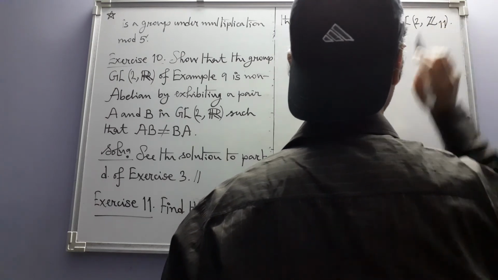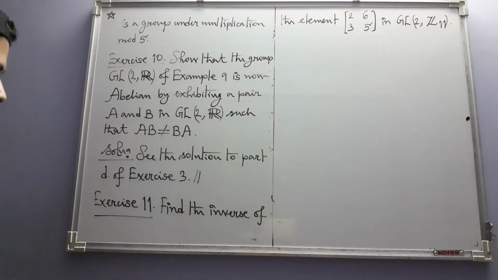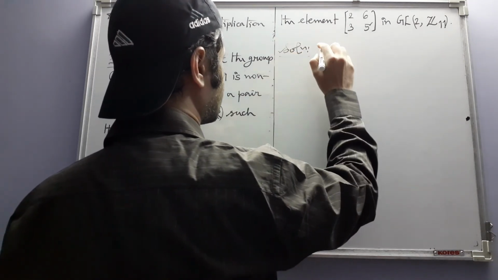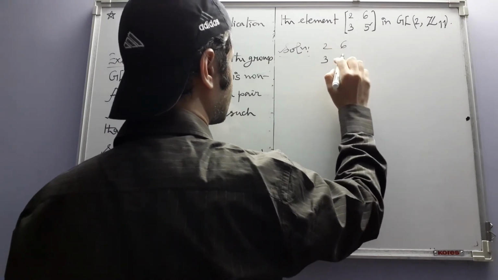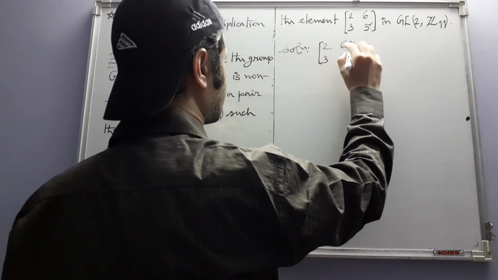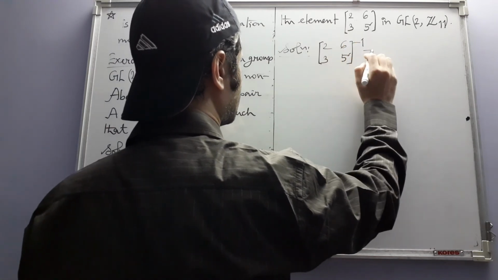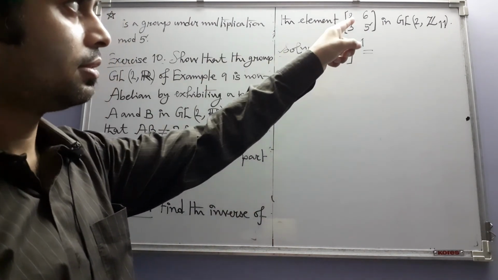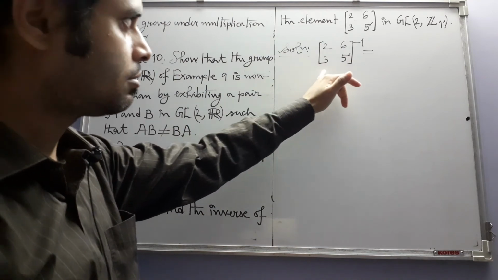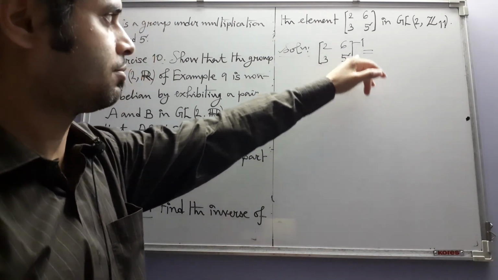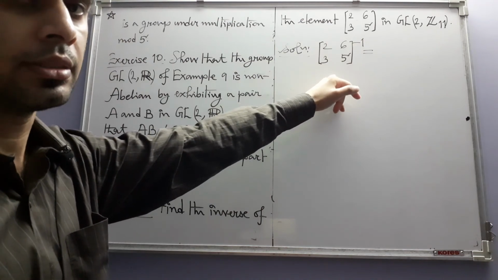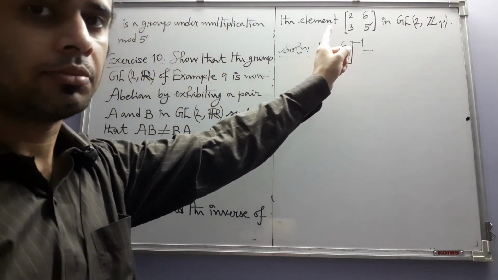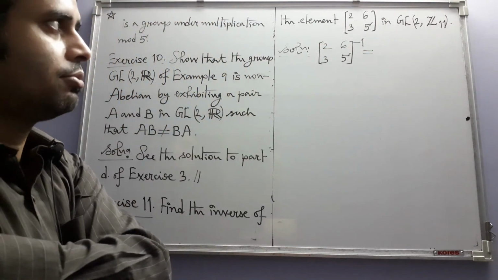Ideally, you should write like this. The inverse of this matrix in this group is, because otherwise this looks just like the inverse of an ordinary matrix with real entries. That's not the case here, because the group from which the entries are coming is not R, is not the additive group of real numbers.